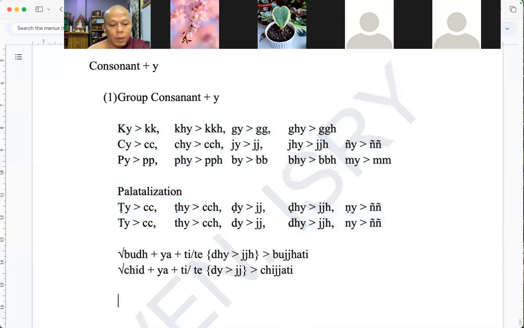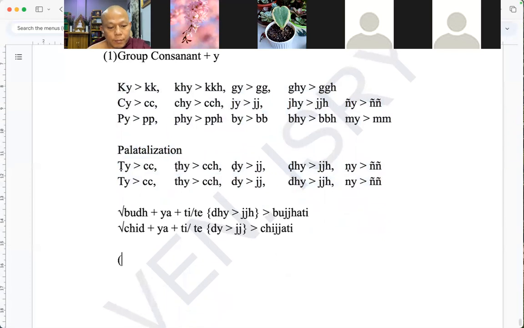Now the second one is a group of a consonant and the ya.